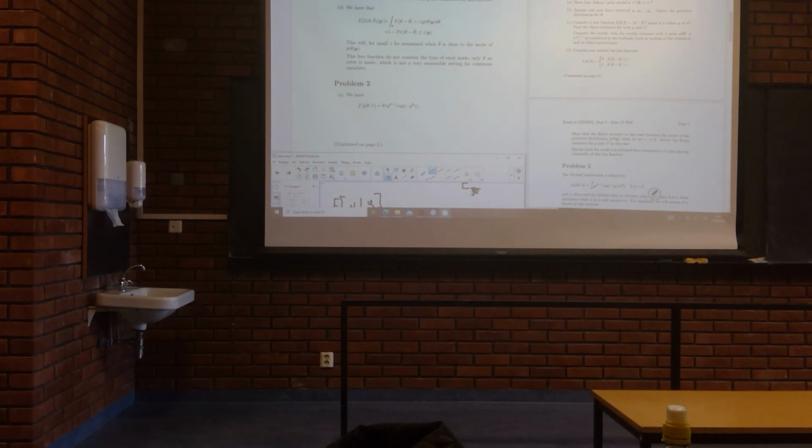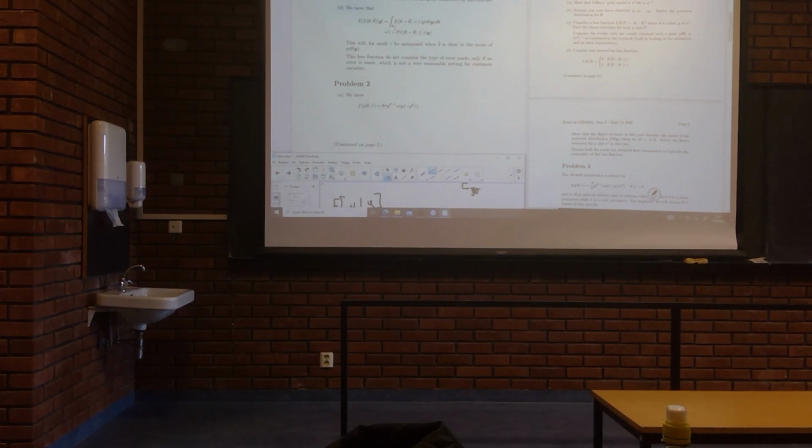So if you look at the expected loss, then this loss function can also be written as the indicator function of the distance between theta and theta hat being larger than epsilon. And when we want the expected loss, we take the integral of this with respect to the posterior distribution for the parameter.